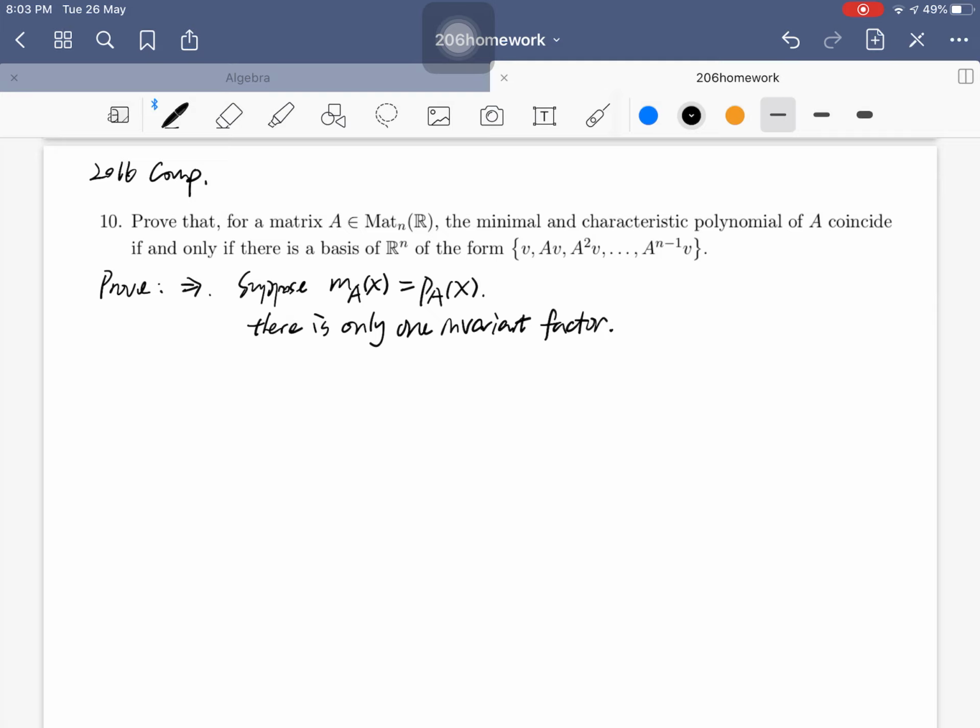And this means that the rational canonical form of A is a companion matrix.